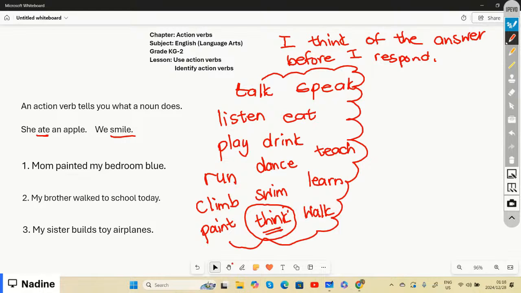So I think of the answer before I respond, or I think of the question before I respond, or before I say the answer. So there we use the word think. You need to come up with another sentence. Make a sentence using one of these words.